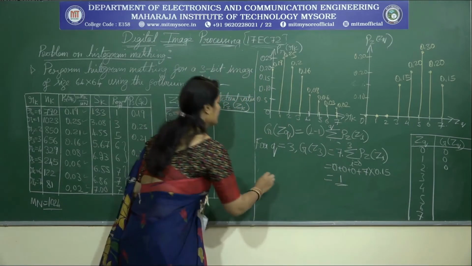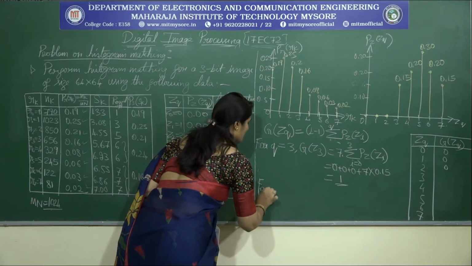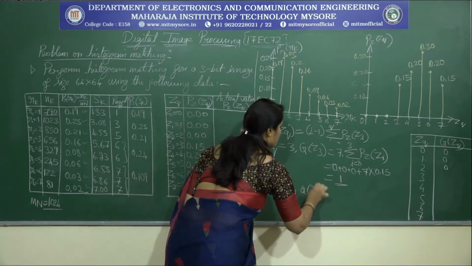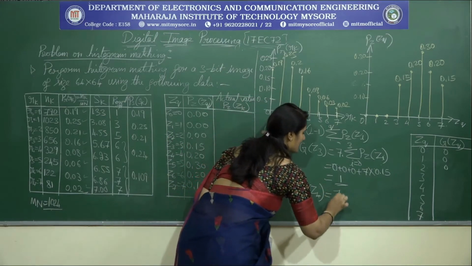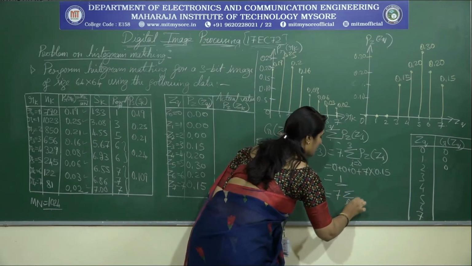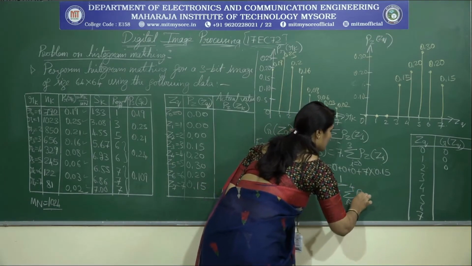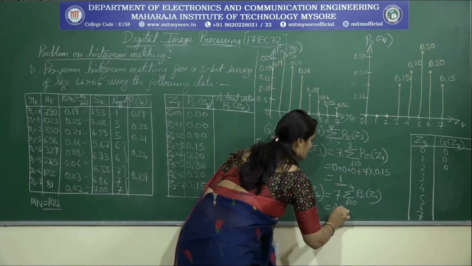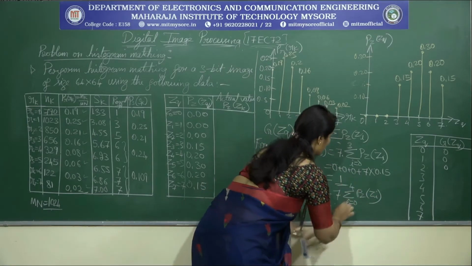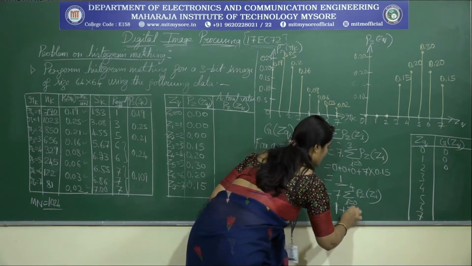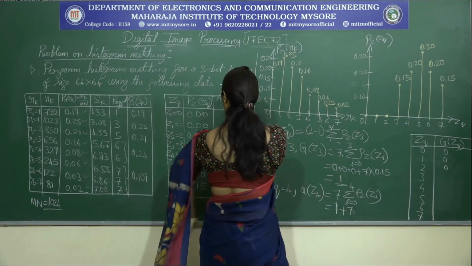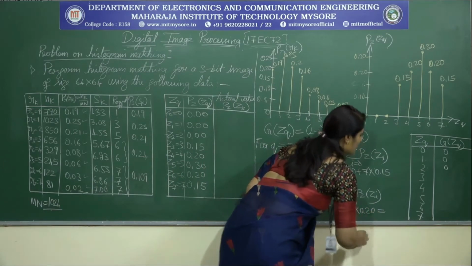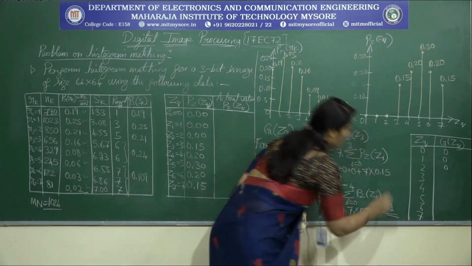Okay. So next is for q is equal to 4. G of z4 is equal to 7 into summation i equals 0 to 4 Pz of zi. So all these values, 1 plus 7 into Pz of z4, which is 0.20. So this, 7 into 0.20, results in 2.